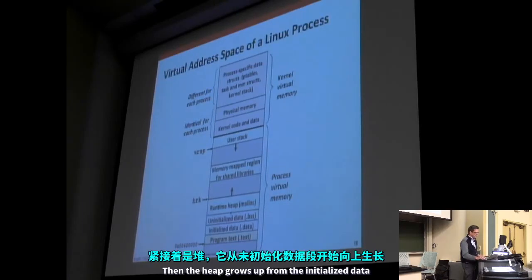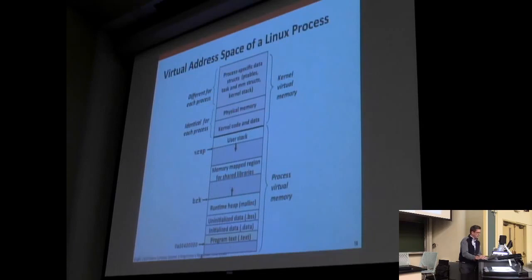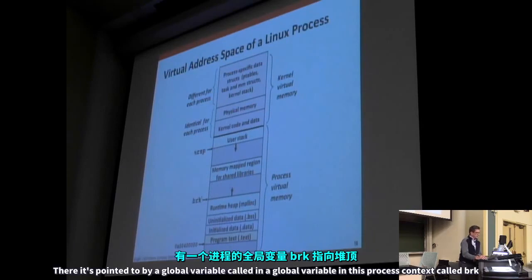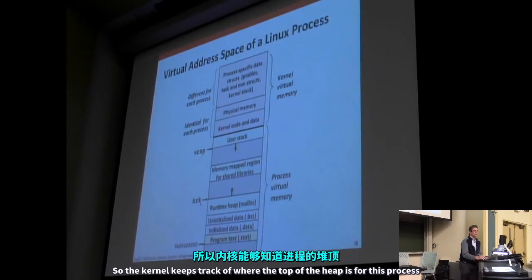And then the heap grows up from the initialized data. It's pointed to by a variable in this process context called brk. So the kernel keeps track of where the top of the heap is for this process.